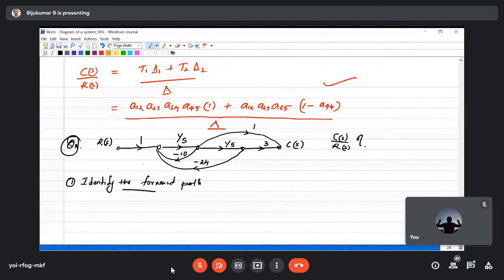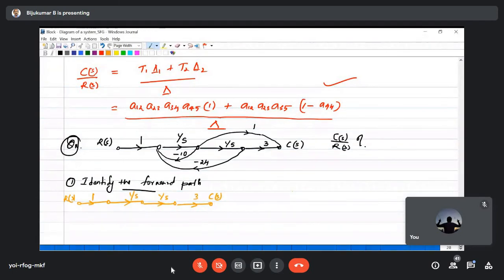In order to find the forward path, we have to start from the input node. So I'm going like this. R of S, 1, again 1 by S. Anyway, we cannot come back, that is not a forward path. We will move forward, 1 by S. Again, we can reach the output. So this is one of the forward paths.